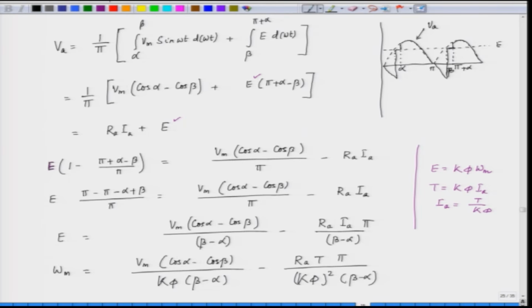So, this is the torque speed characteristic of a separately excited DC motor when we have discontinuous operation.